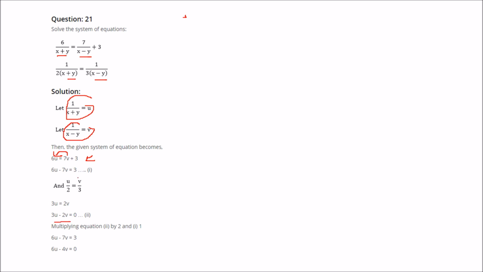Now you can multiply this equation simply. Again I am reiterating that there is no one method. It depends all on you. If I write v equal to 3u by 2, this is u by 2 equal to v by 3, so I write v equal to 3u by 2, and let me put it here, 6 into 3u by 2 minus 7v.